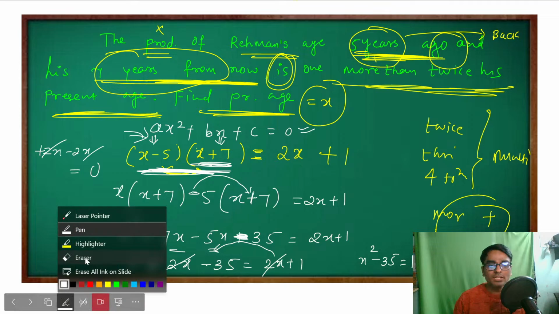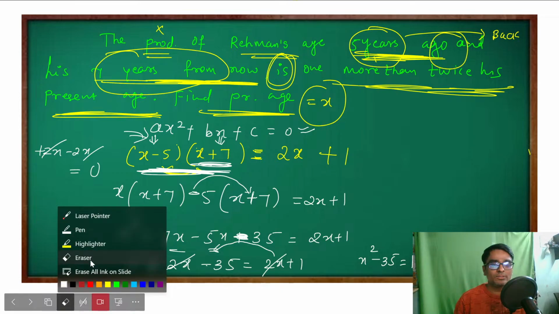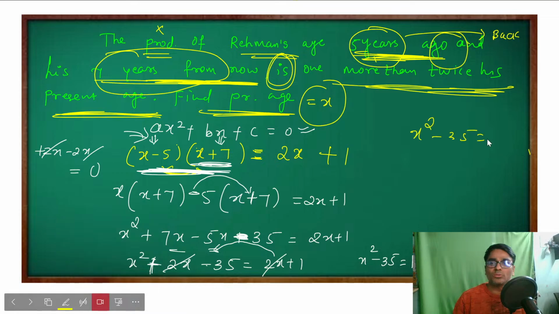Okay, so let's get the x value here. Tell me the x value. x square minus 35 equal to 1. What is the x value? Tell me fast.